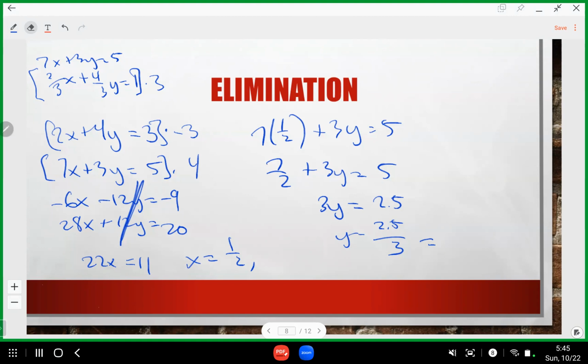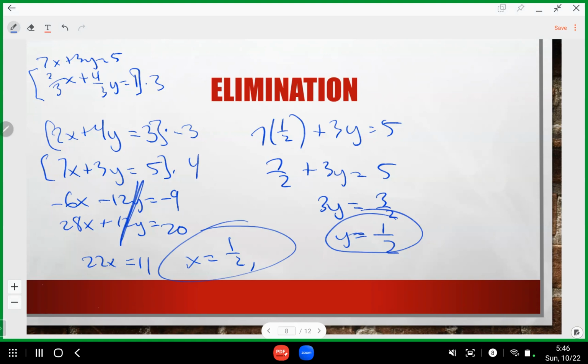Oh, yeah, it's 1.5. So y is equal to 3 over 2, actually, also equal to 1/2. Right, something like that. Okay, so that's elimination, and that was pretty tedious, right?